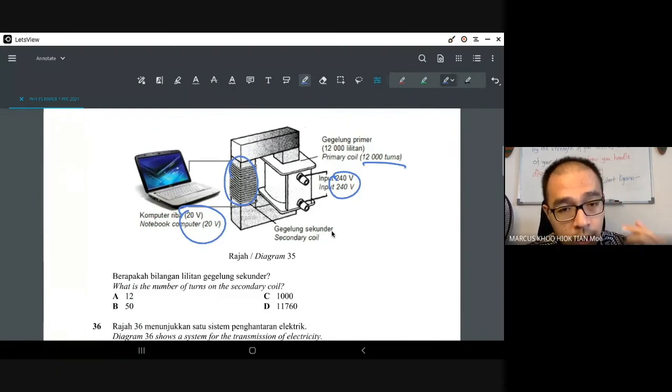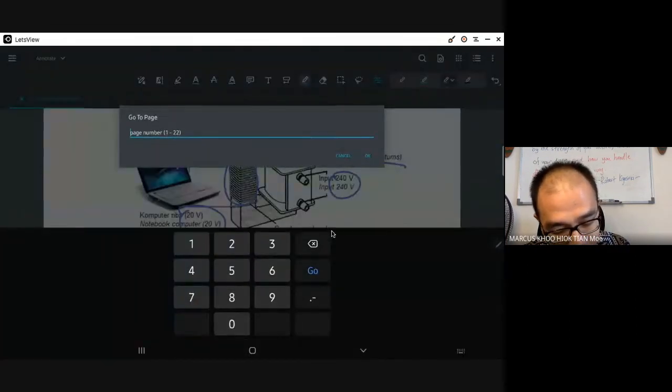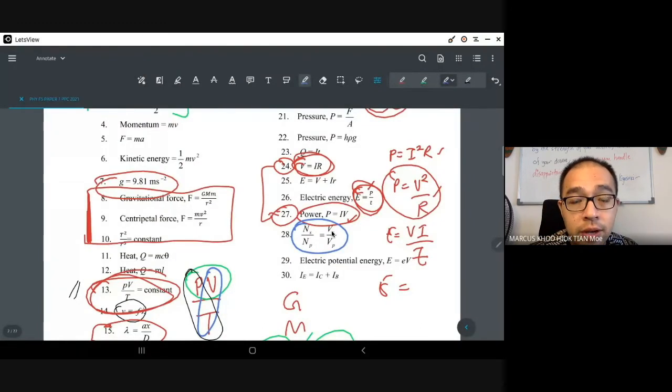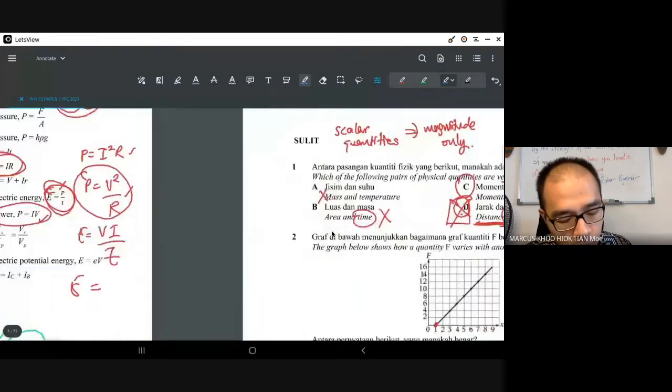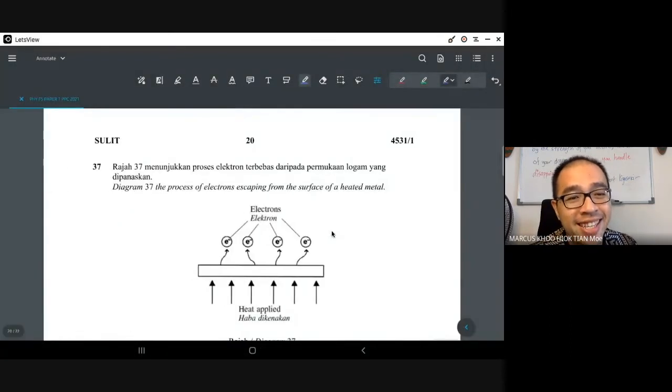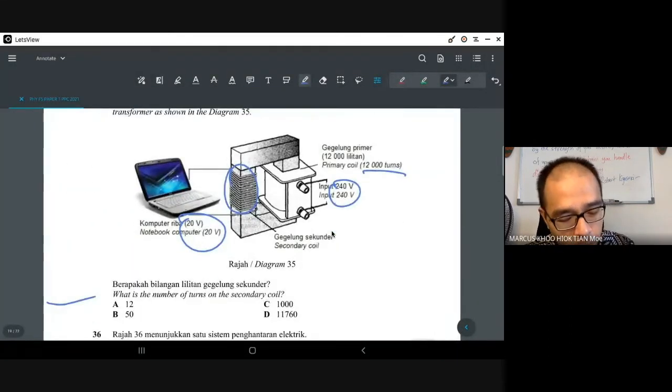So step down transformer, all transformer formulas should be found also in the first page. Let's go back to the page. Transformer: NS over NP equals VS over VP. Again, having the formula list is useful, but you need to know how to use it.